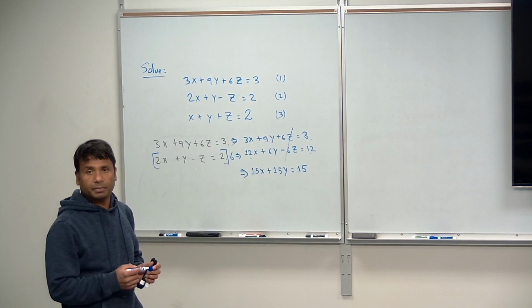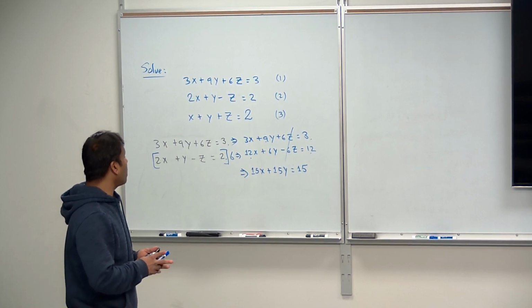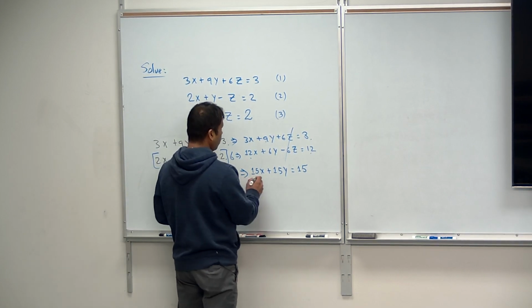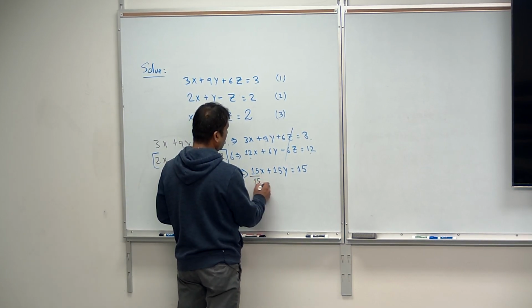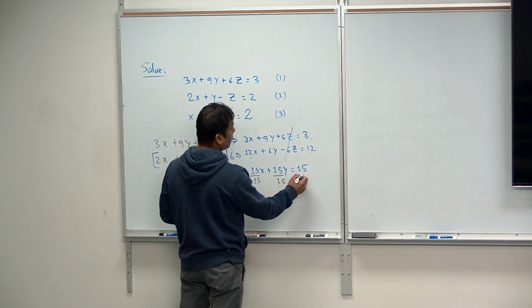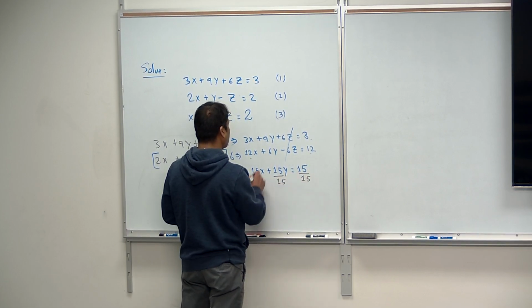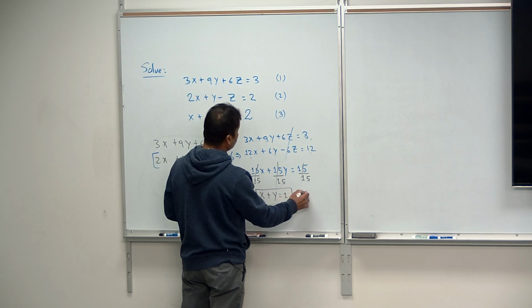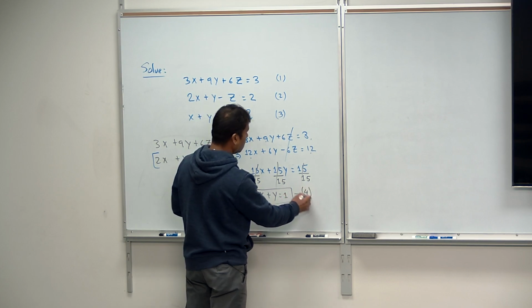Make sense? And then you divide both sides by 15. You cross them out. So now you got x plus y equal to 1. So this is, let's say, equation 4. Okay?